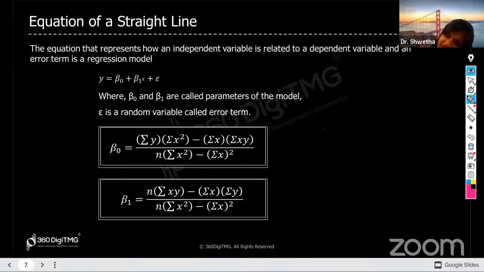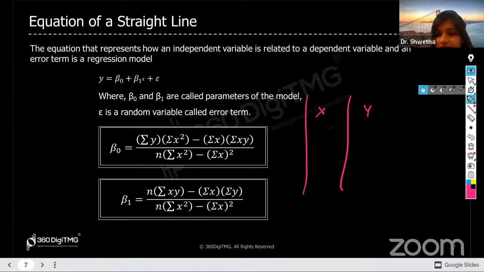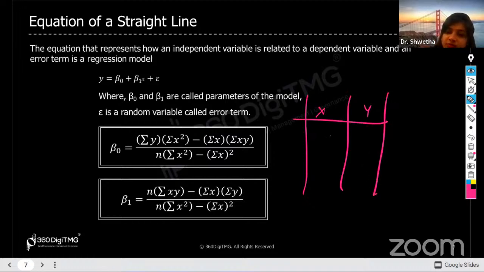Say for example, I have a few x values and then y values with respect to that.